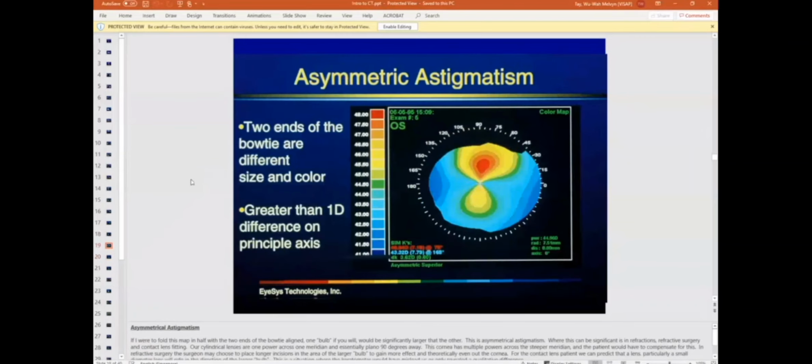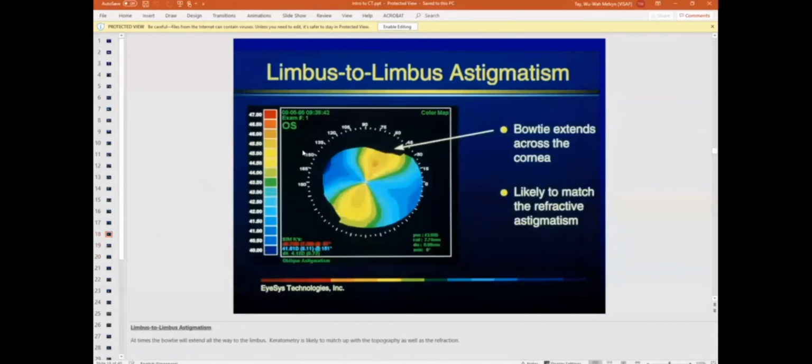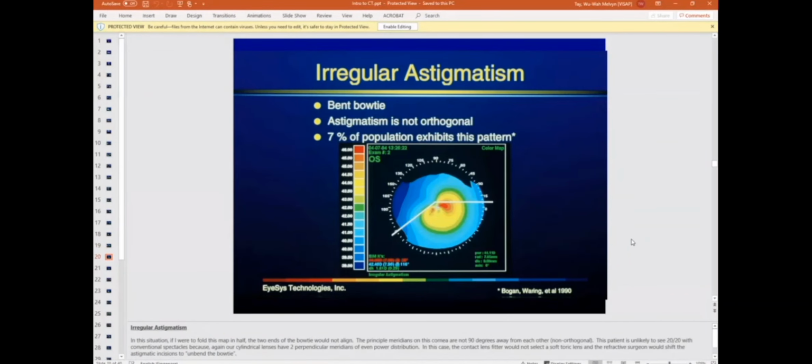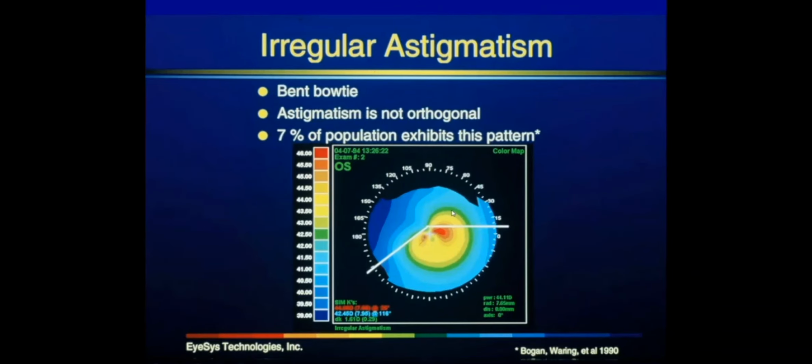Some other forms of astigmatism: even if it's regular astigmatism, sometimes it can be asymmetric, meaning one side has a little bit more curvature than the other. This is also a little bit tricky. Irregular astigmatism like this, you can see is more like a bent bow tie. It's not a specific area that is steepening, but it's like a bow tie, but it's bent.